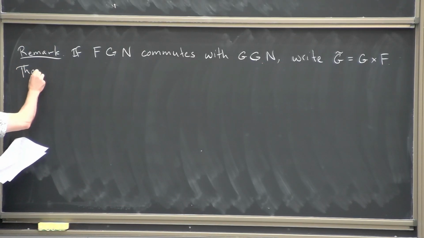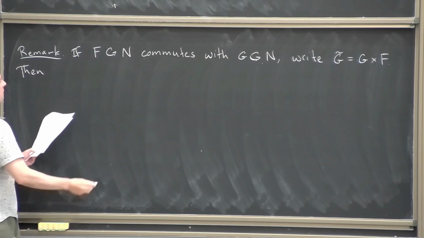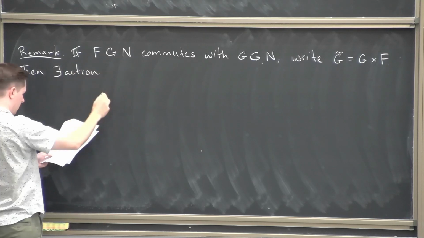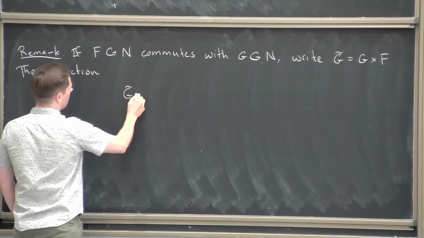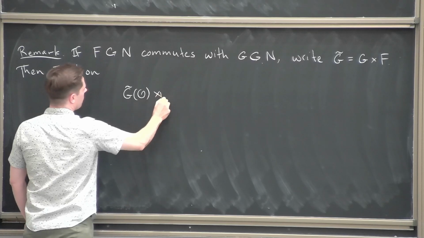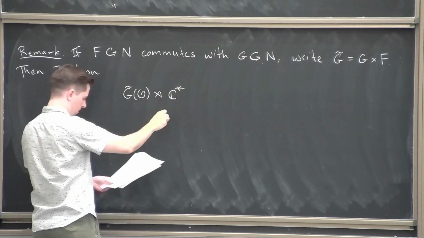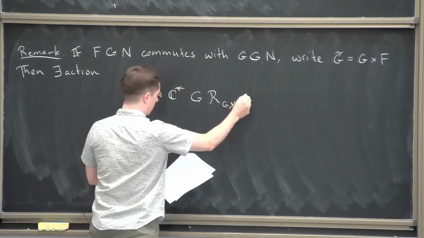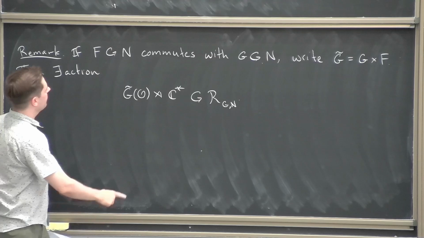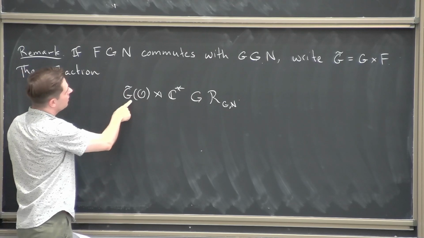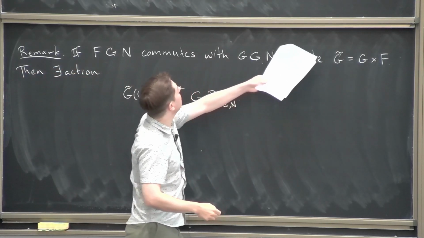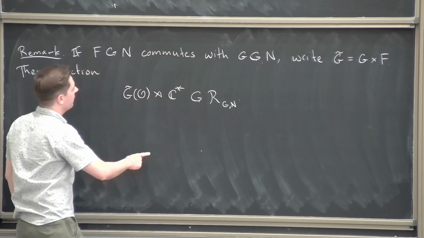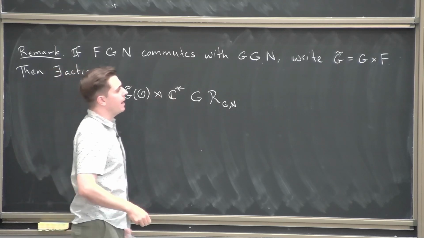and one can then define an action of the following group on the variety of triples. So there exists an action of O points of G tilde, semi-direct product C star, on the variety of triples. So to get the action of O points of G, you use the left multiplication on this T space, and then this C star is acting by loop rotation.